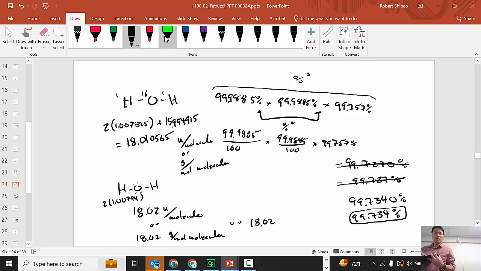And that's not going to work because that has no meaning. However, we should leave one of these percents there. This is like a composite unit that we've already been dealing with. So if we leave one of these percents there, let's say the O16, it doesn't matter which one, but we'll leave the O16 here.